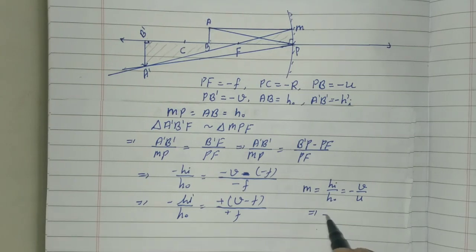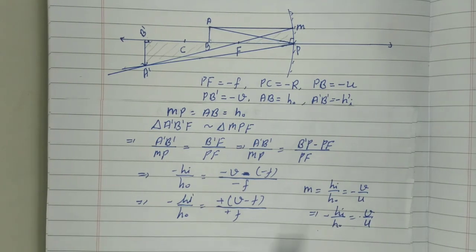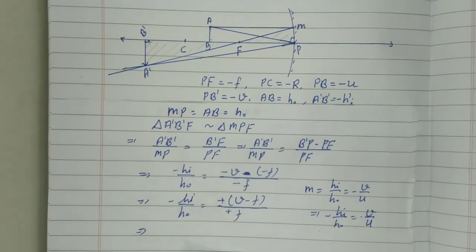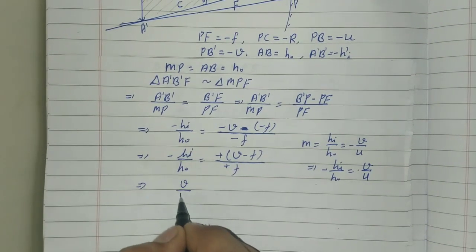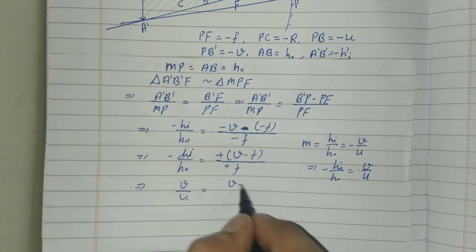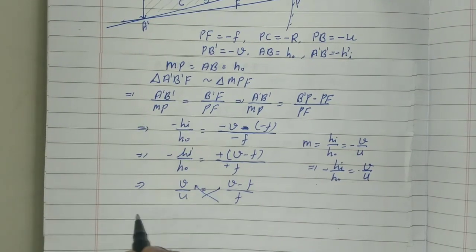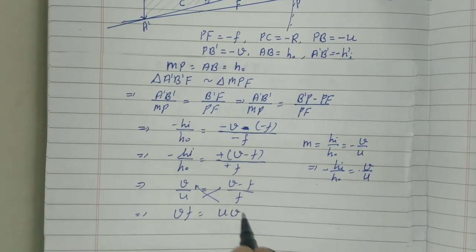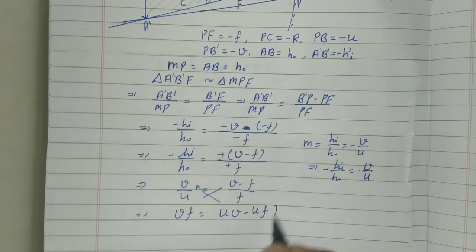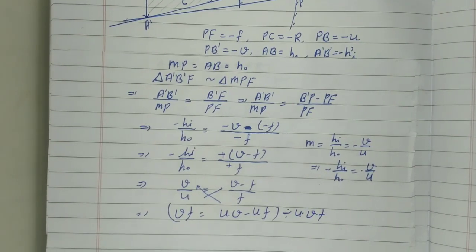This implies minus hi upon h0 is equal to v upon u. Put this value in this equation. We will have v upon u is equal to v minus f upon f. Now do the cross multiplication. We will have vf is equal to uv minus uf. Now divide the whole equation by u into v into f.